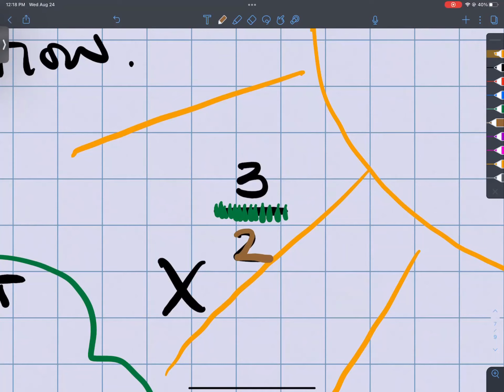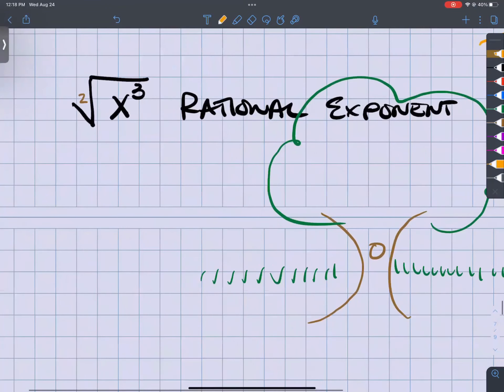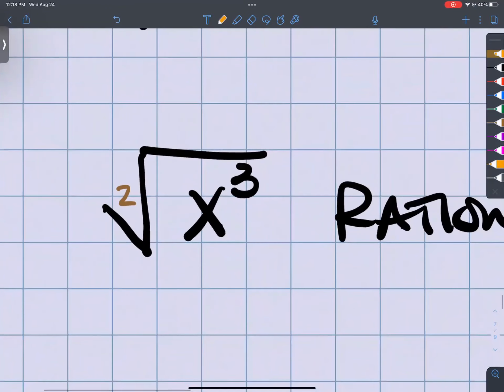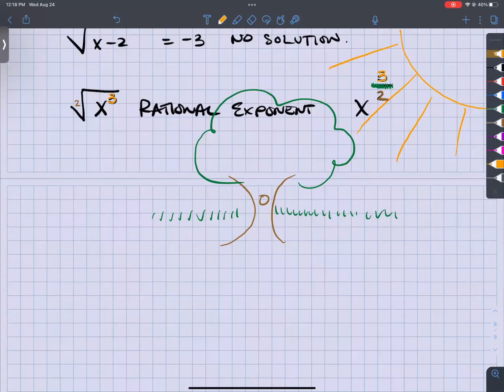So the sun should give us power, not the 3. So if that's the power, what is the power in here? The 3. That's the reason why the sun and the tree and the grass actually teach us about rational exponents. Okay.